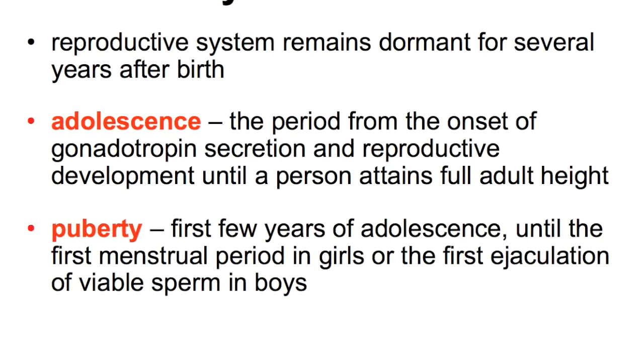Puberty is defined as the first few years of adolescence, until the first menstrual period in girls or the first ejaculation of actual sperm in boys. Remember when we talked about girls menstruating and maybe not releasing an egg? Well, men will ejaculate and not release actual sperm until a little bit later on. So it's not right out of the gate that the first ejaculation has viable sperm.